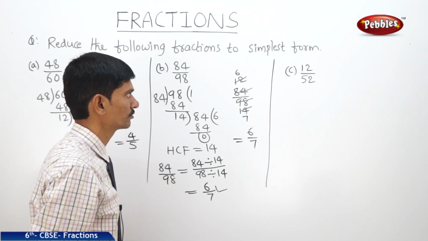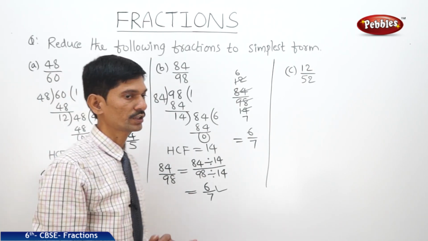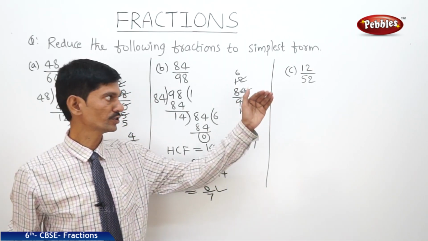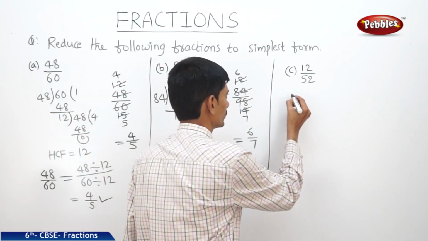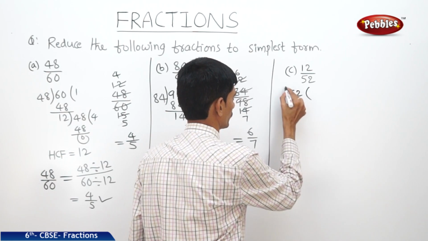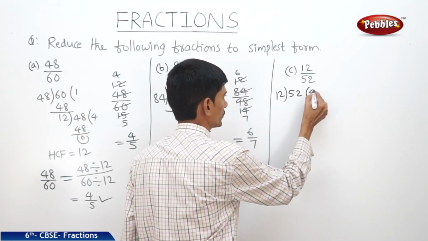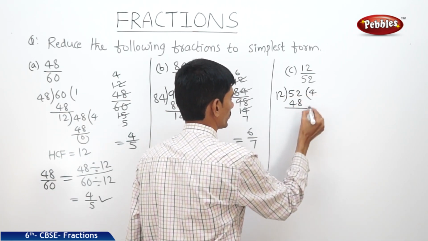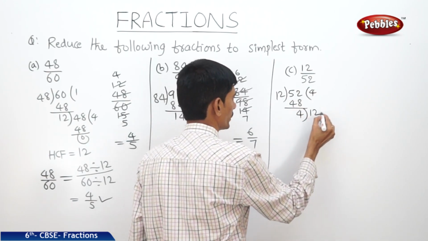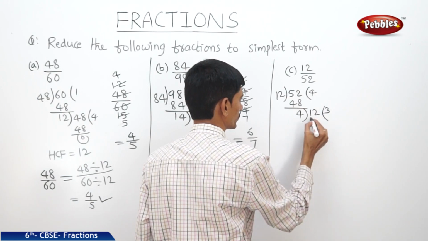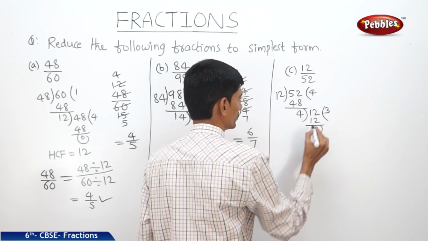The next one is 12 by 52. So here also we will find the HCF of numerator 12 and denominator 52. Twelve fours are 48. The remainder is 4. And then we divide 12 by 4. 4 3s are 12. The remainder is 0.